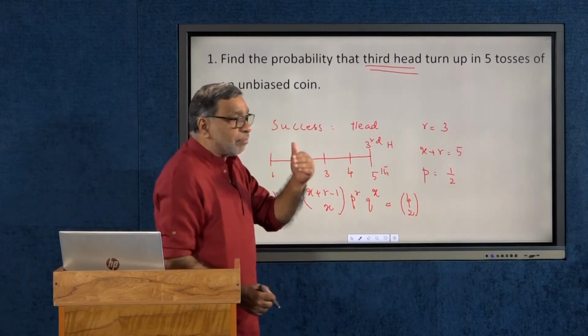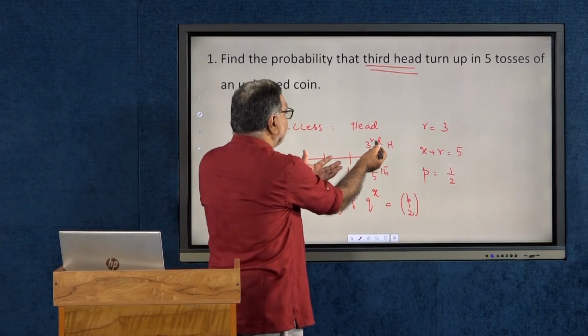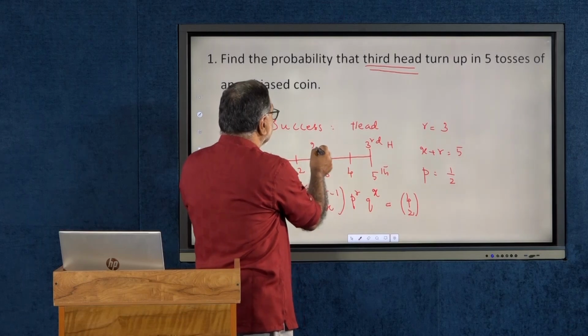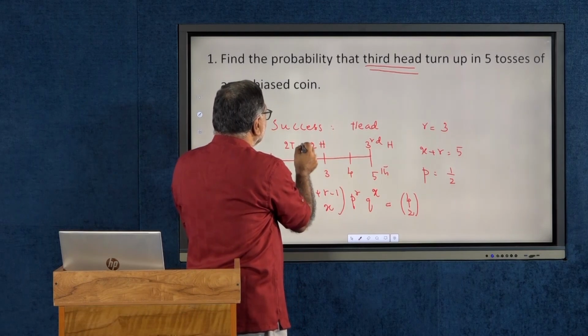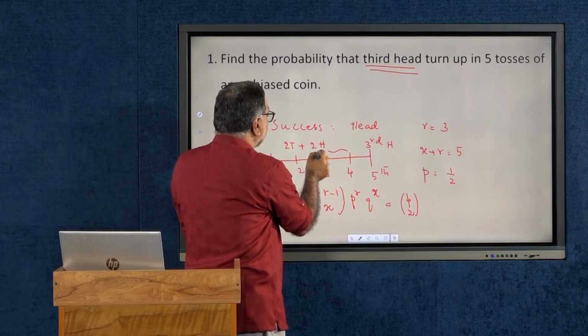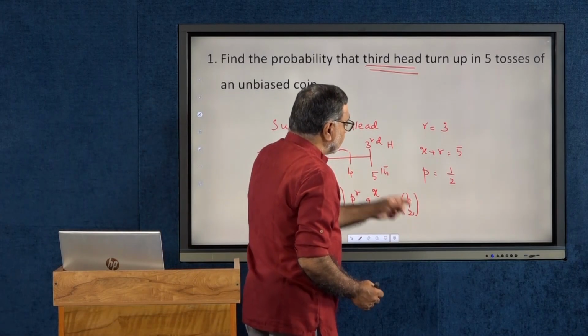X is actually the number of failures. So how many failures should there be? If this should be the third head, there should be 2 heads and 2 tails in the first 4 trials. So our number of failures is 2.